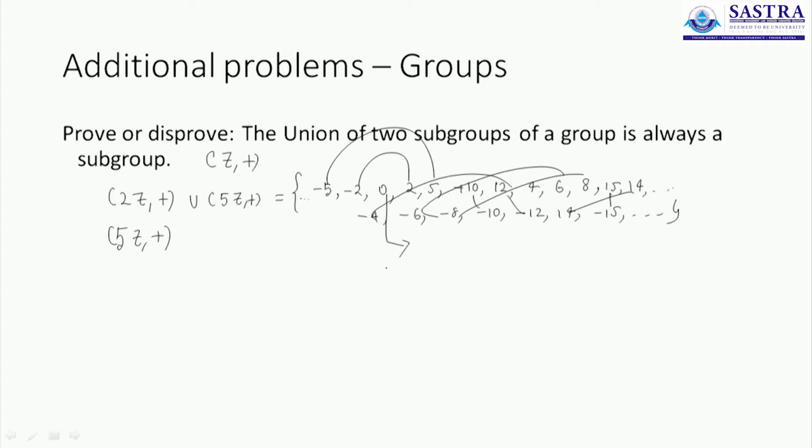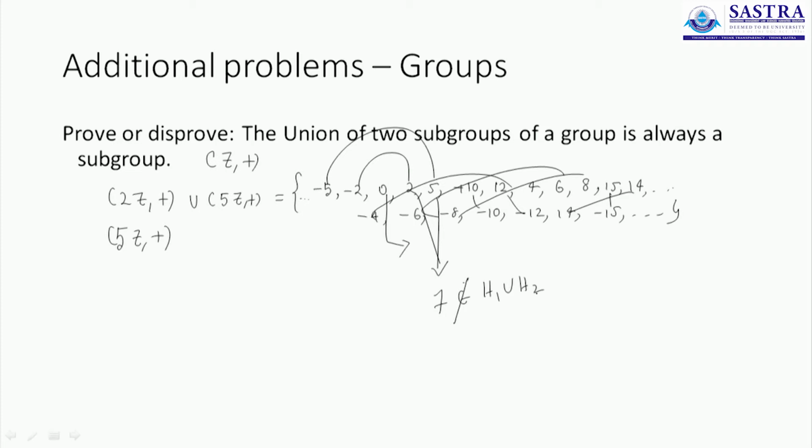Is it closed? And there you will find that it is actually not closed. Because when I add 2 and 5, I'll get a 7, and 7 doesn't belong to the union of H1 and H2. Because 7 is not a multiple of 2, so it's absent from the set of all 2 multiples. 7 is also not a multiple of 5, hence it is absent from the set of all 5 multiples.